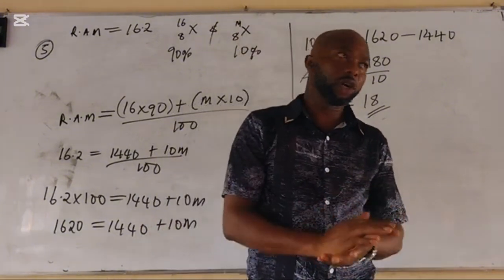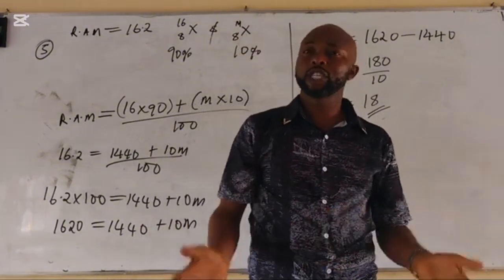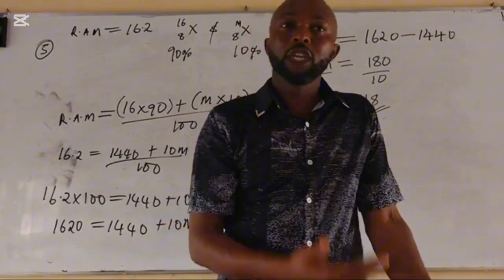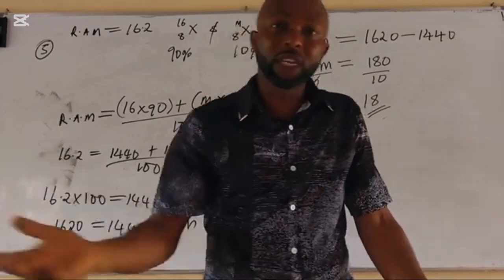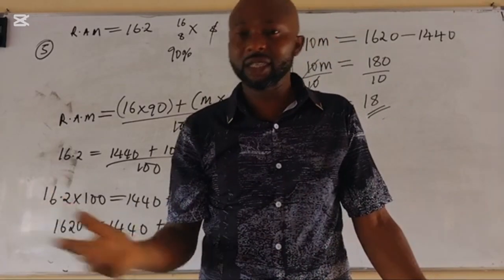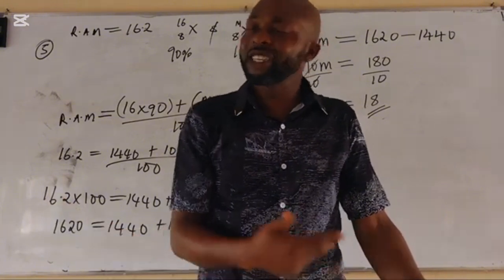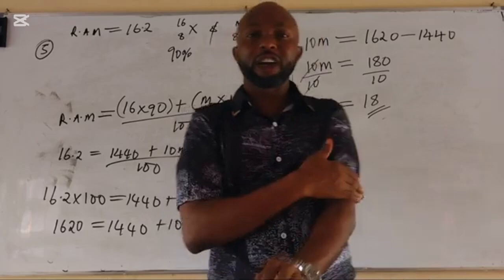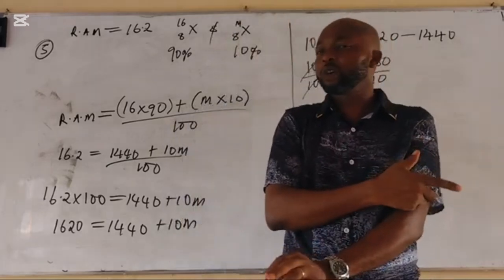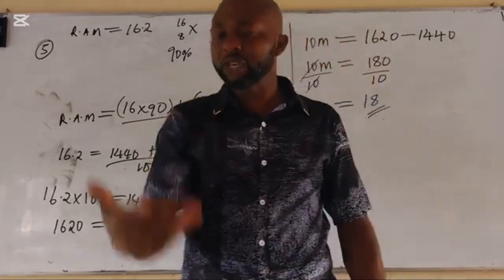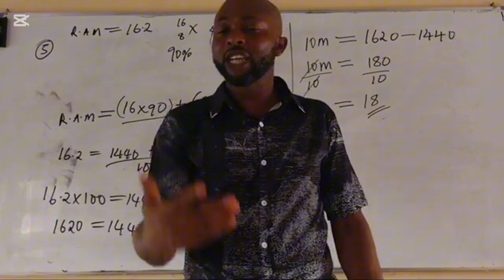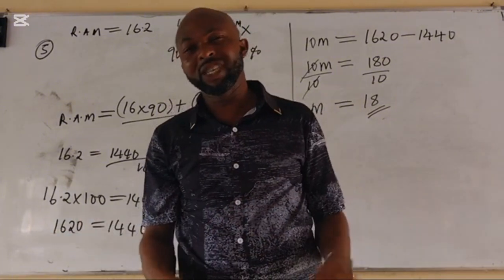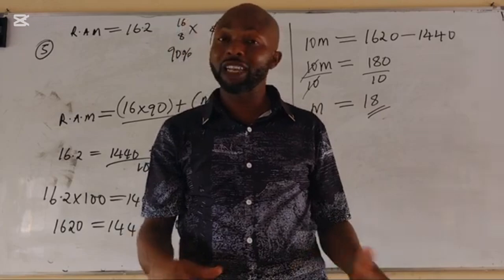When you go to the periodic table, you are expected to know the first 20 elements and their atomic masses, and many a time we find it difficult to understand why some of them have this 0.5 or that 0.5. That chemistry will not be clear until you understand the principle of isotopy, where we say atoms of the same element have the same atomic number but different mass numbers.